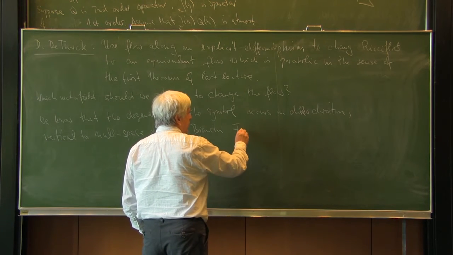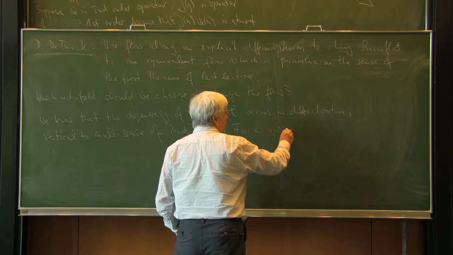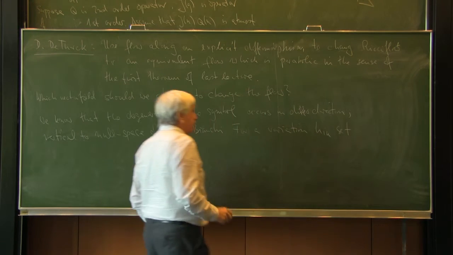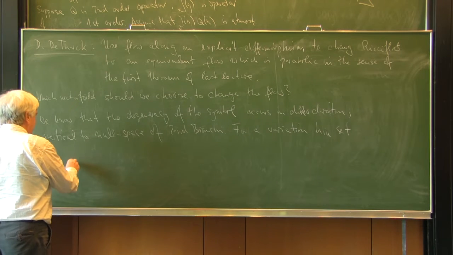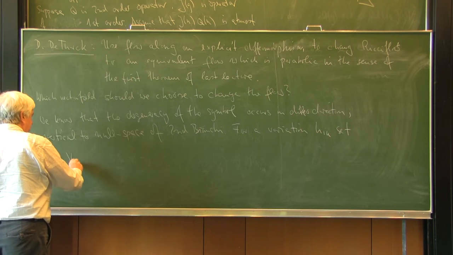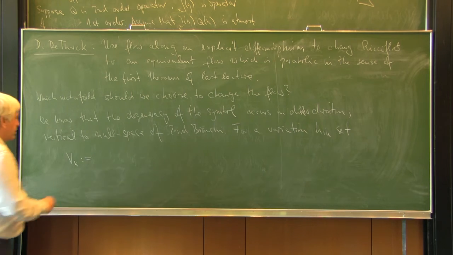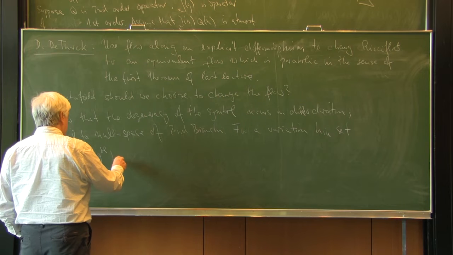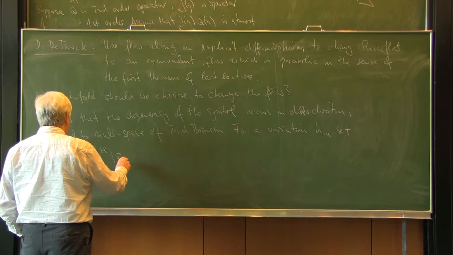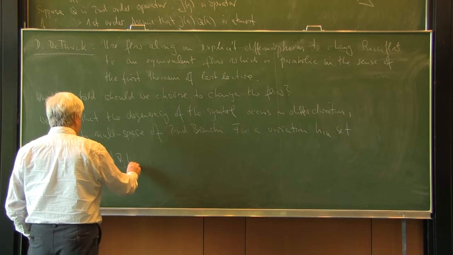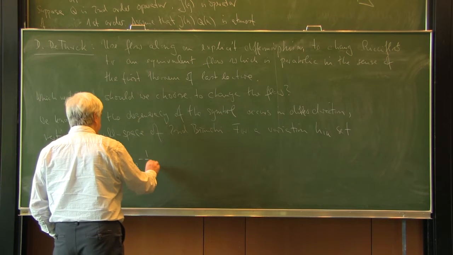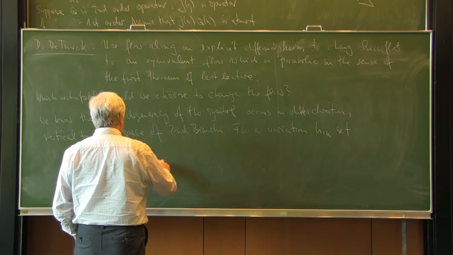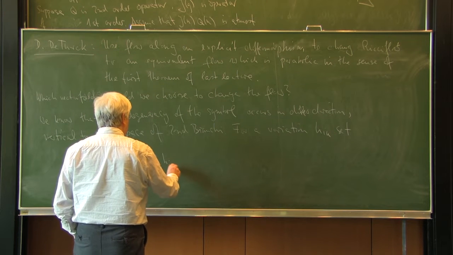So for a variation h_ik, we could therefore set V_k to be a vector field g^{jl} times the gradient j of h_kl minus 1/2 the gradient k of h_jl.